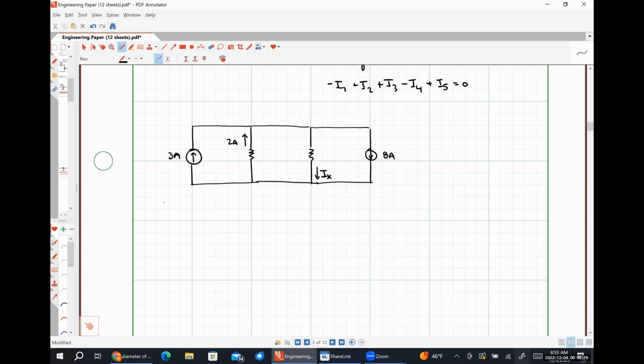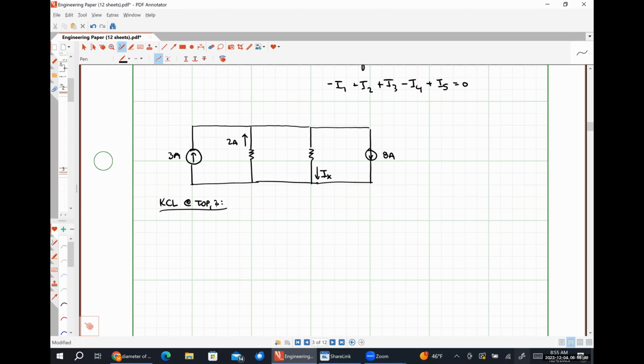So we're going to apply KCL at the top node. And are we going to use formulation 1, 2, or 3 of Kirchhoff's current law? 3, okay? So that means that any current that is exiting the top node will get a positive sign, and any current that is entering the top node will get a negative sign.